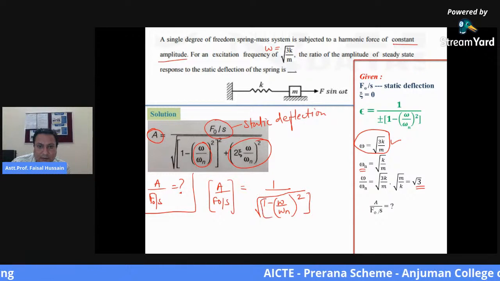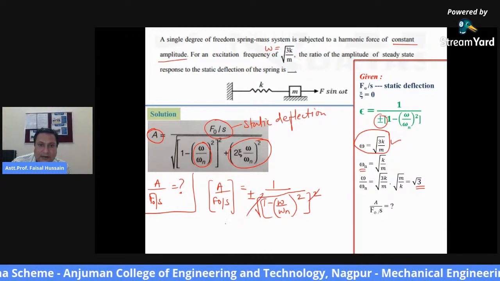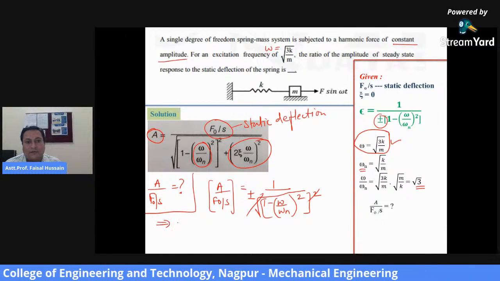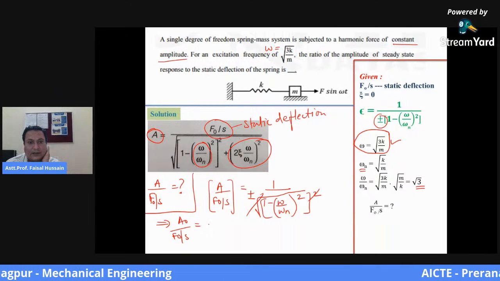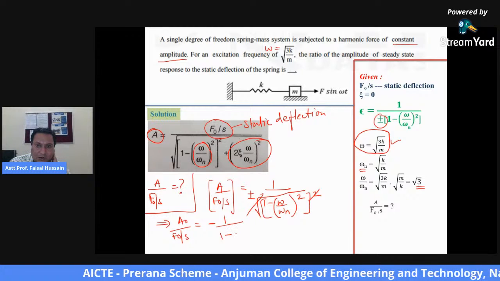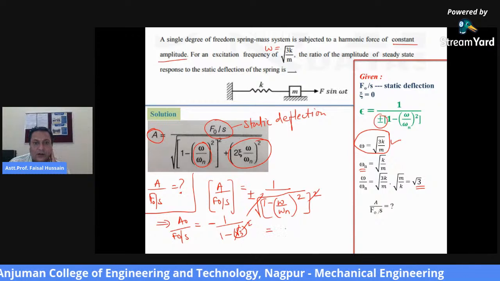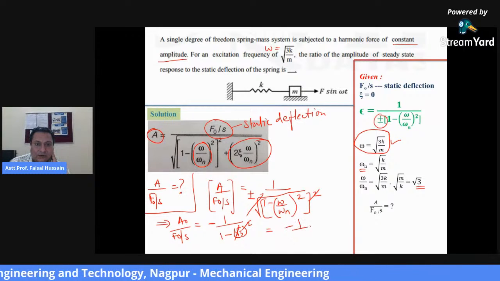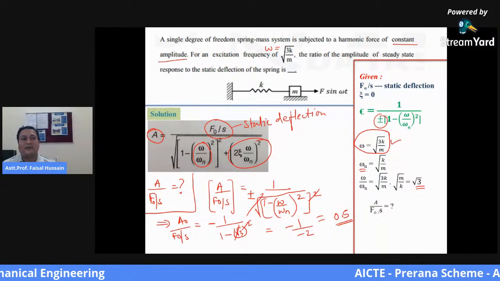And here if this is the condition, then we have to use plus minus, square gets cancelled. So from here we will get A upon F0 by S equal to, we will consider the negative sign, 1 upon 1 minus omega by omega n the whole square. So root 3 square cancels. So it will be minus 1 upon minus 2, minus sign cancels. So the answer will be 0.5.